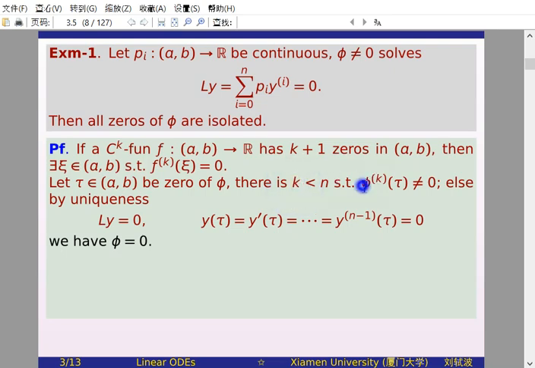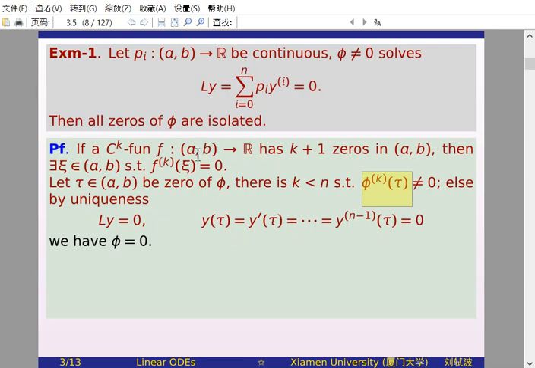So phi prime tau is not 0 means that phi is strictly increasing or strictly decreasing in a small neighborhood. So tau is the only zero of phi in the neighborhood. Therefore, you can compare the argument for n equal to 2 and the general n.